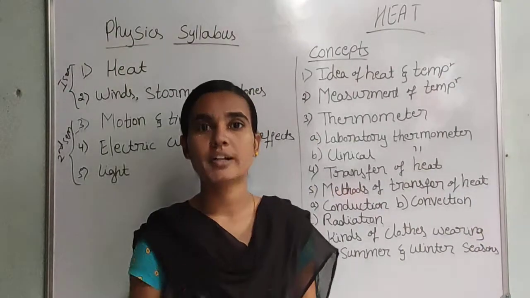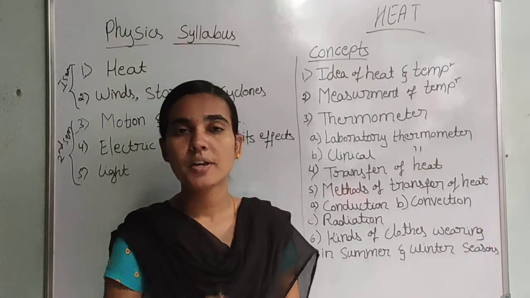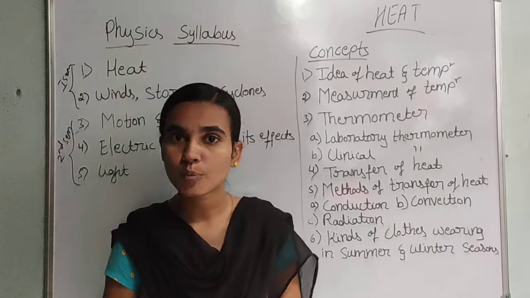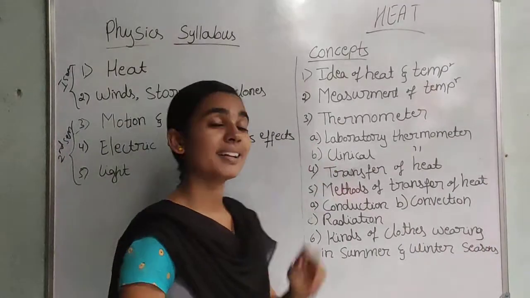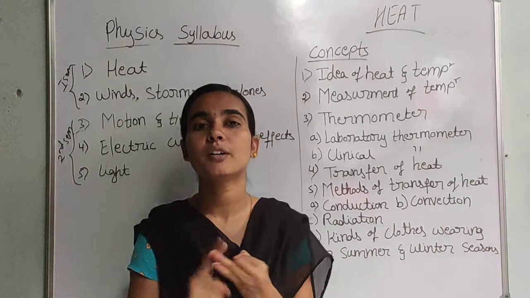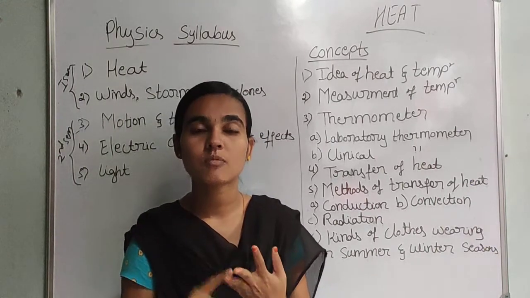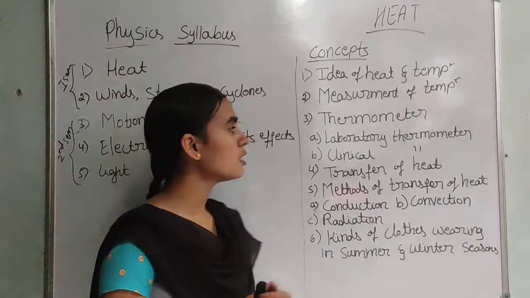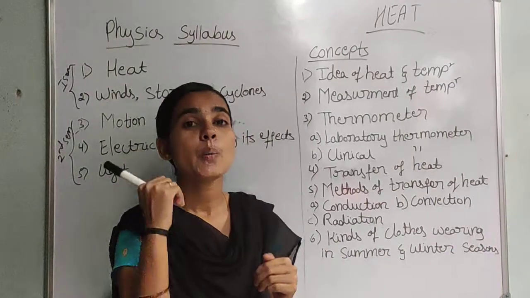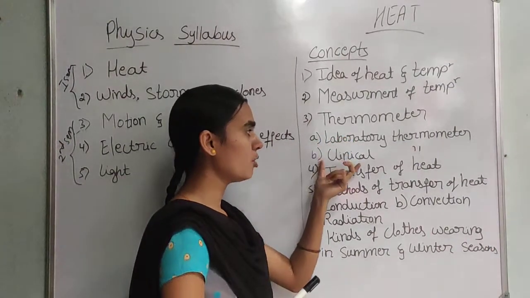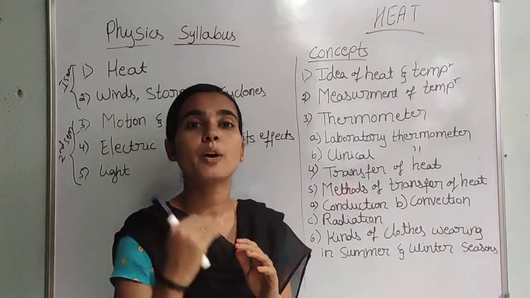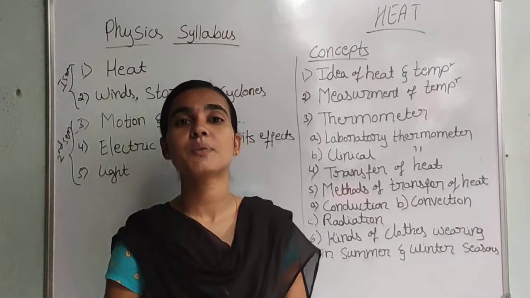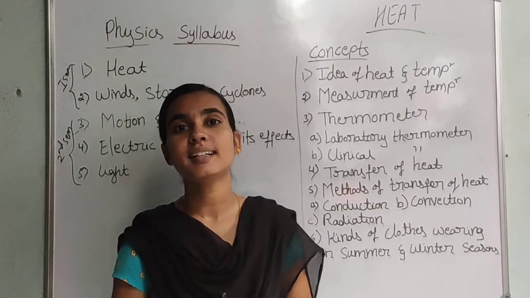For the laboratory thermometer, we have to discuss what it is, where we use it, and its construction and working principle. Similarly for the clinical thermometer, we discuss what it is, its construction and working, how we use it, and its range. And the main thing is, by studying the laboratory thermometer and the clinical thermometer, we are going to state the differences between them.